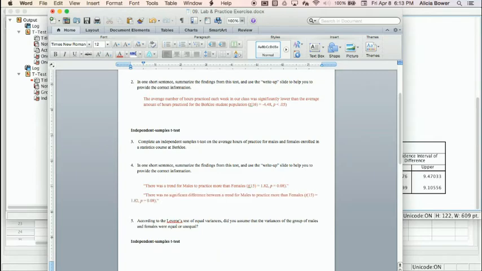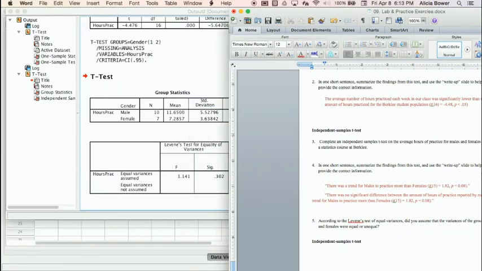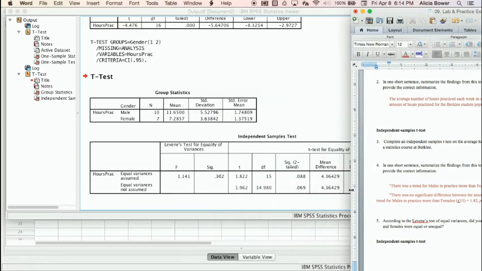between the amount of hours of practice reported by males, and I'd usually put the mean in there. Equals, what was it? Let me see. There. Sorry, let me move this around a little bit.